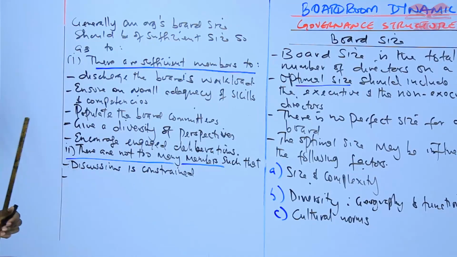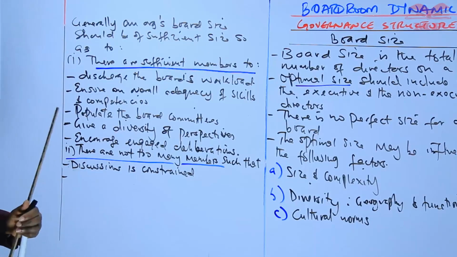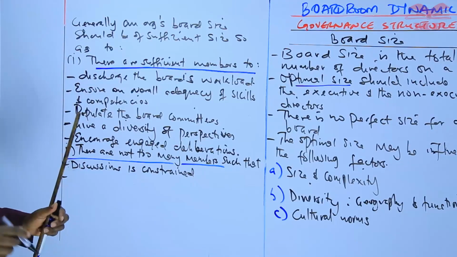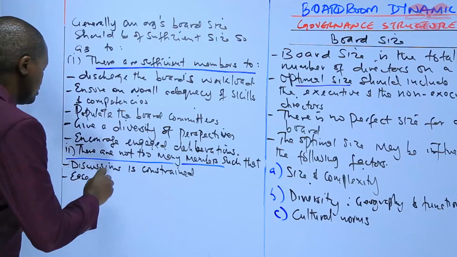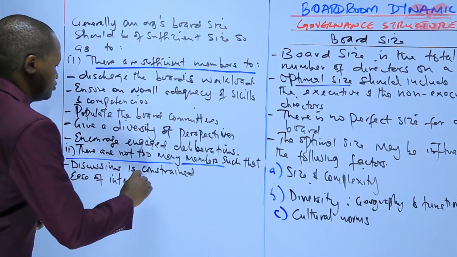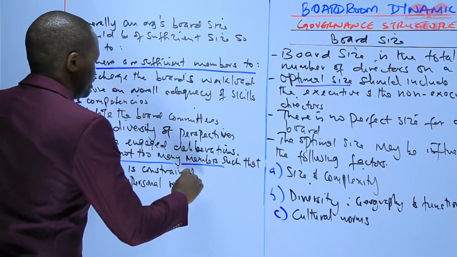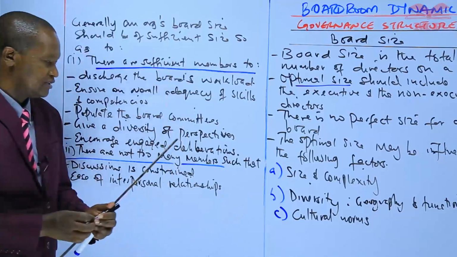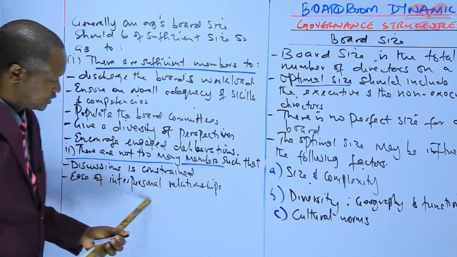The second reason why it's not advisable to have too many members on the board is so as to have ease of interpersonal relationships. It's very important, candidates, for directors to have what we call interpersonal relationships.